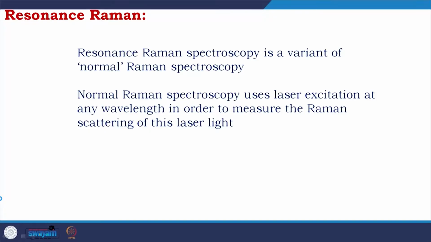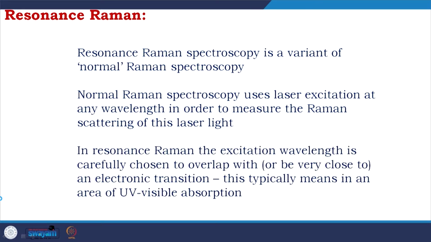Normal Raman spectroscopy uses excitation at any wavelength in order to measure the Raman scattering of this laser light. In resonance Raman, the excitation wavelength is carefully chosen to overlap with or be very close to an electronic transition. This typically means in an area of UV visible absorption.